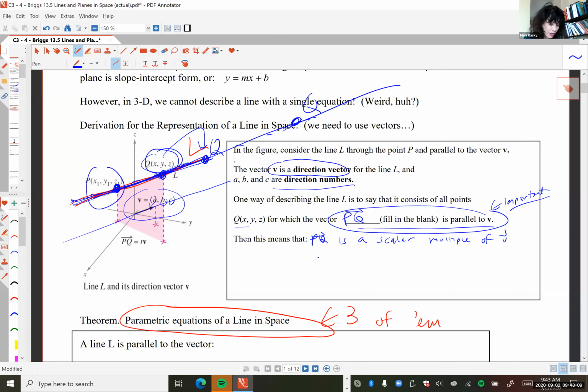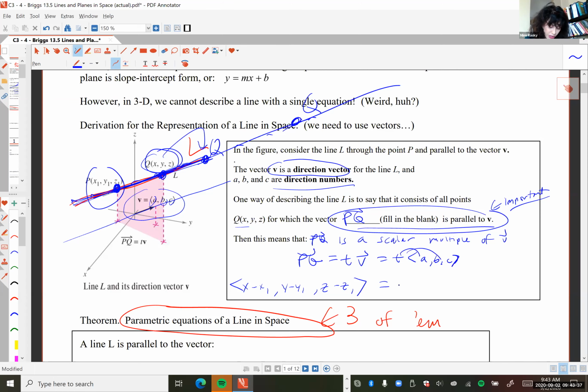Further, we can say PQ is equal to some scalar, and instead of C, I'm going to use T, because that's the tradition. T is going to be our parameter, TV. Then if I form the vector PQ by doing terminal minus initial, that's going to equal T times V, which looks like T times A, B, C.